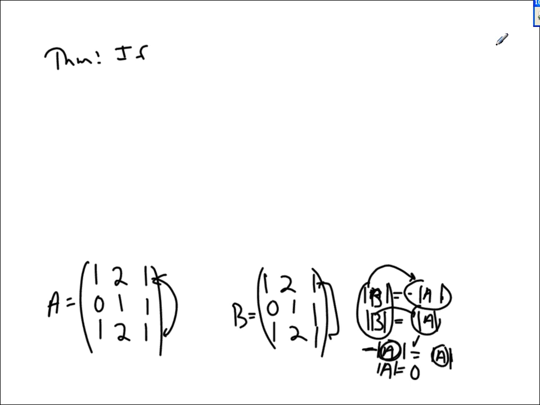If A has 2 identical rows, now again, we're only talking about square matrices.